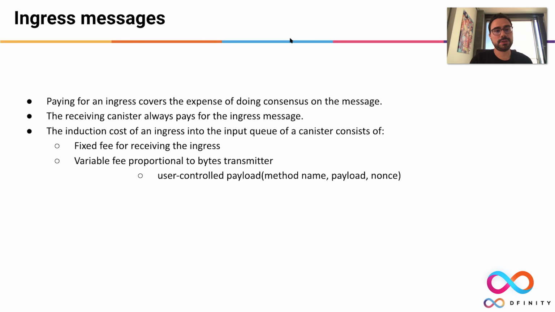And this induction cost of the ingress, when we add it to the input queue of the canister, again, going back to the design principles, consists of two parts: a fixed fee and then a variable fee depending on the size of the ingress message. The size we take into account here is the user controlled payloads, such as the method name or the method payload.